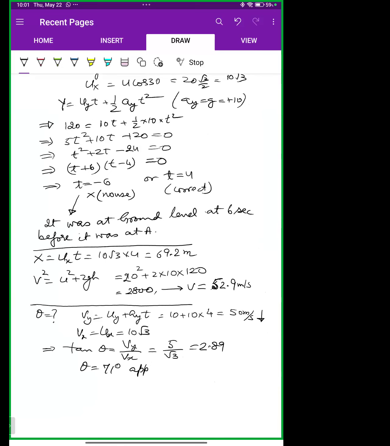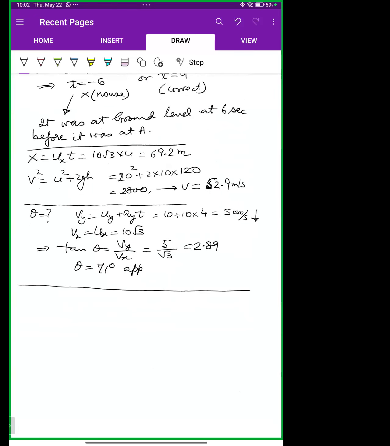It is your wish whether you want to take downward positive or downward negative, whichever way you feel confident. I have taught you both things. So wherever it is useful to you, you can take downward positive, but then don't put G equal to minus 10. Most of the students are comfortable with G equal to minus 10. It's up to you. Take whatever you want. So we have done this.